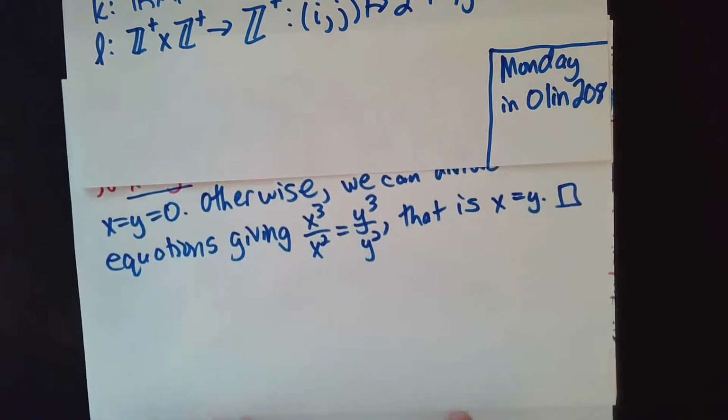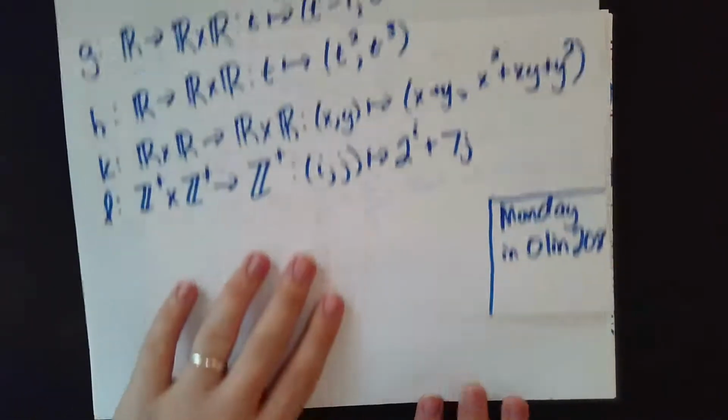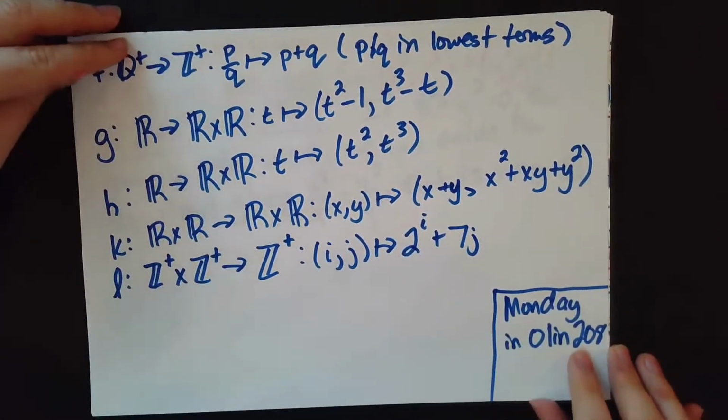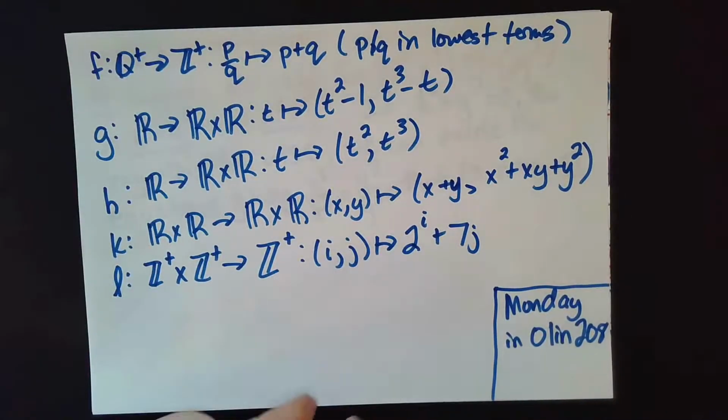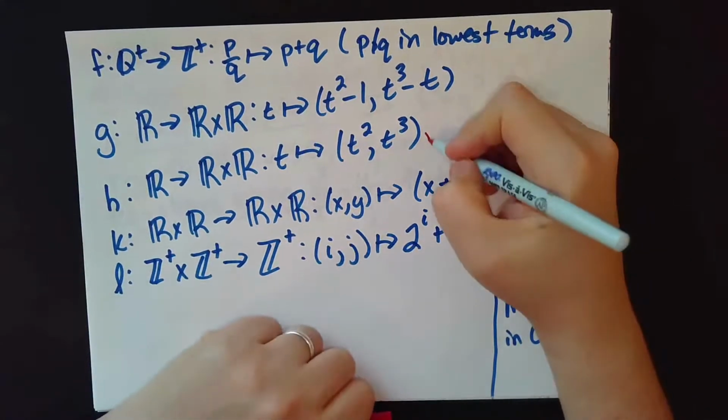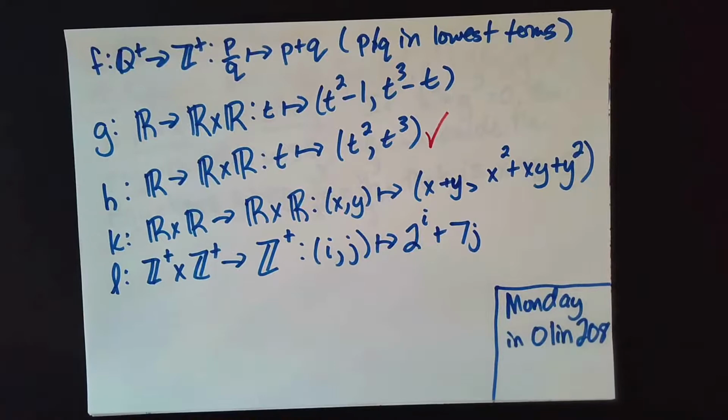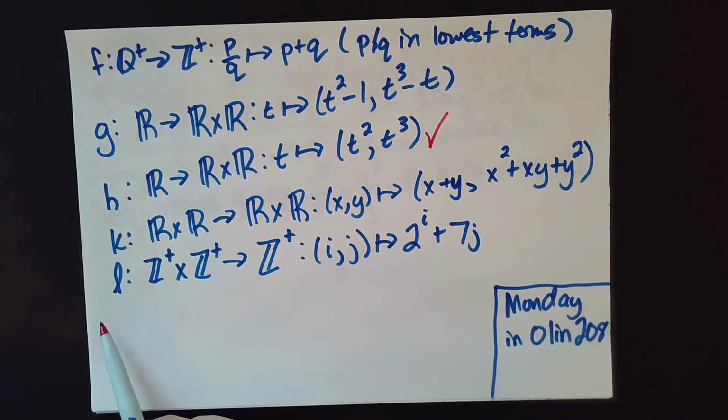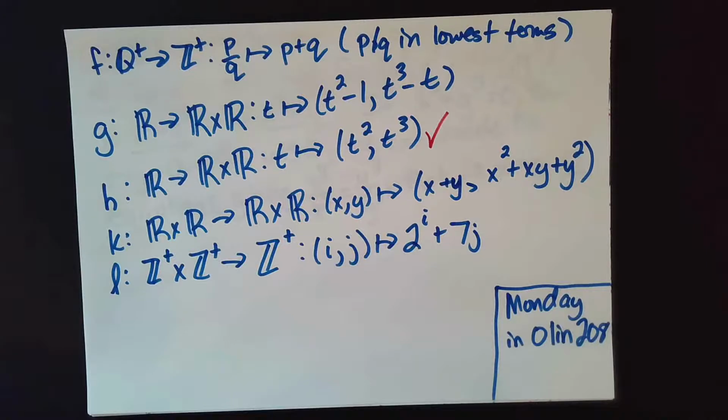Okay, so what remains then is to, for each of these functions, write down a pair of inputs that map to the same output. So let's do f first. So for f, what's a pair of inputs that go to the same output? 3 and a third, right.